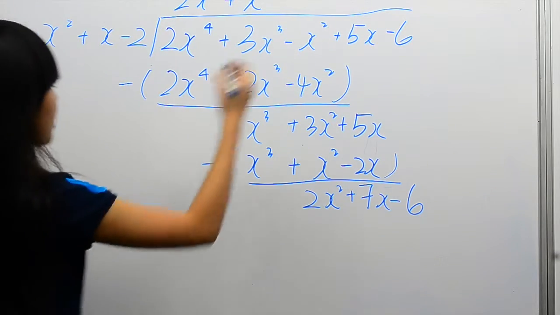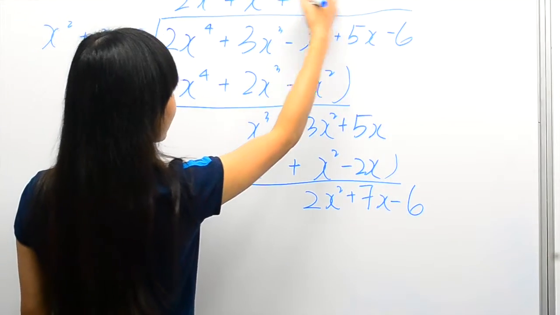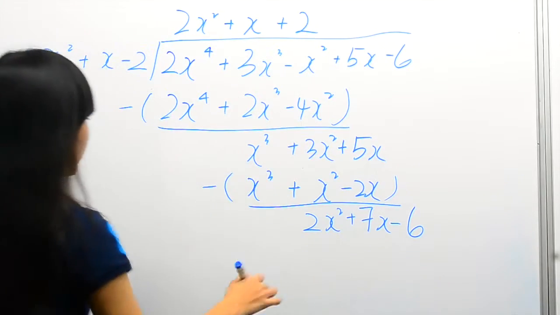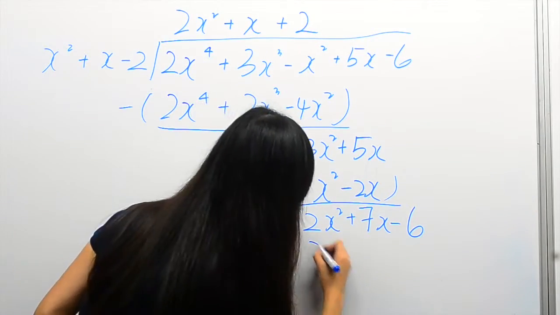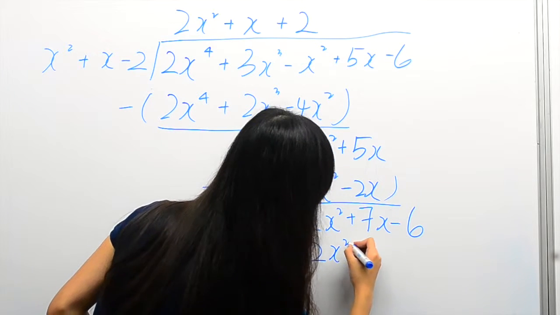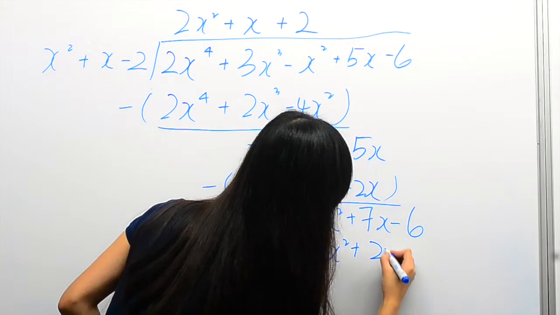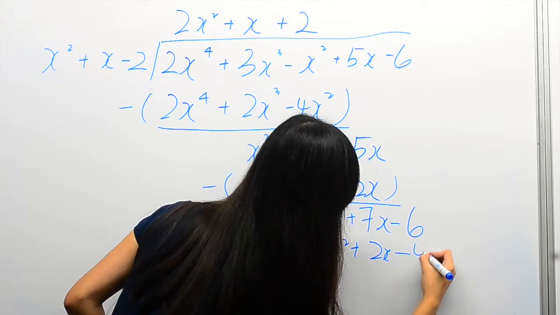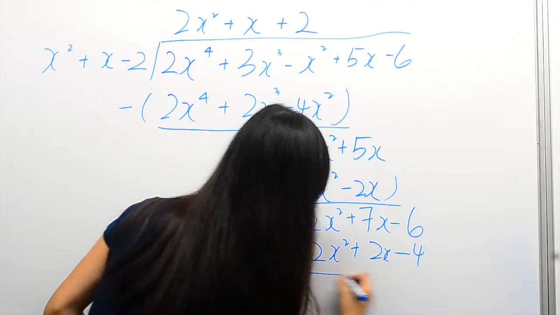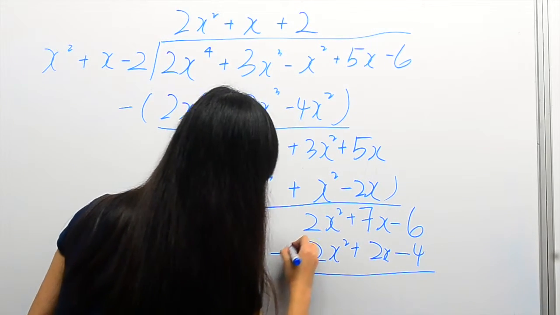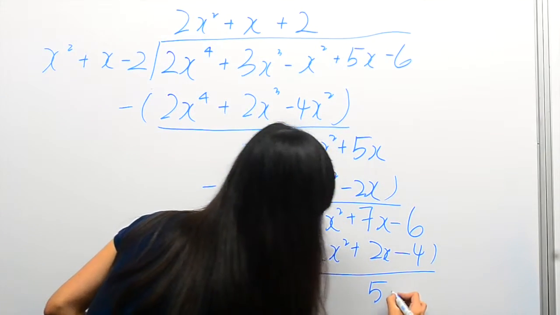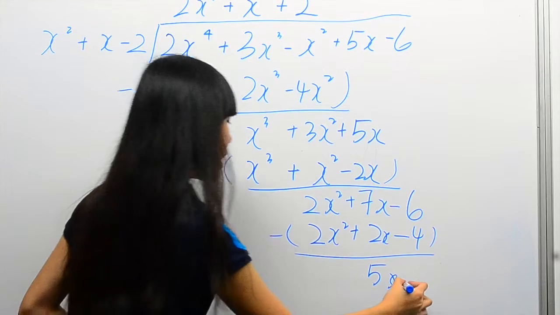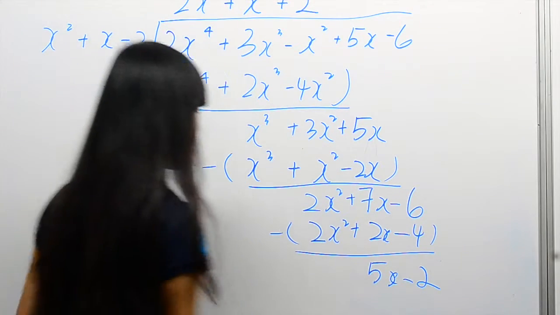By the same thing, we put the 2 here to eliminate 2x squared. So it is 2x squared plus 2x minus 4. So we will get 5x minus 2.